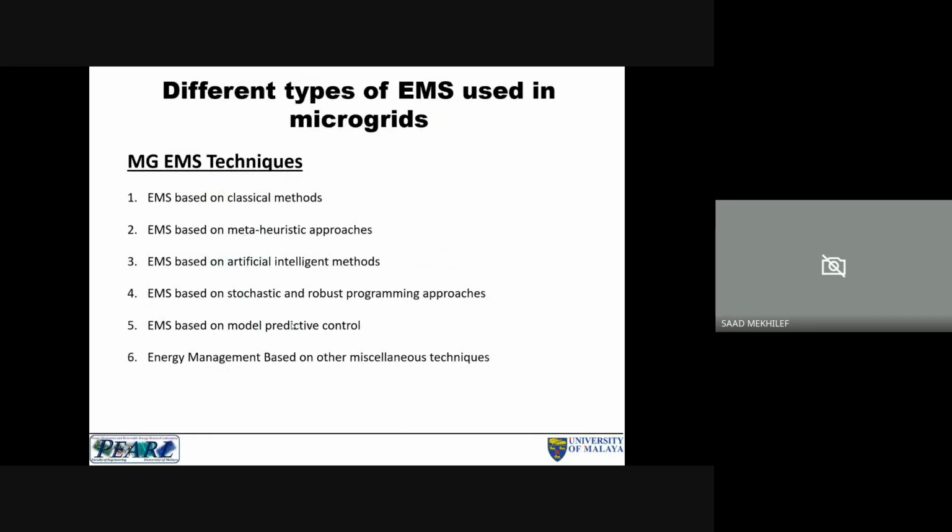Now the different types of energy management used in microgrids. There are quite a number of them: energy management based on classical techniques, based on metaheuristics like PSO, approaches based on artificial intelligence techniques like ANN, approaches based on stochastic and robust programming, and based on predictive control.